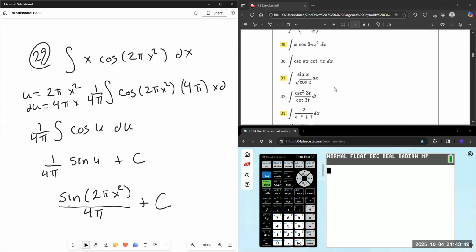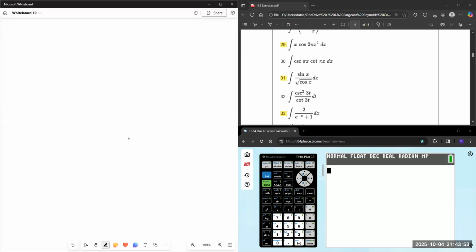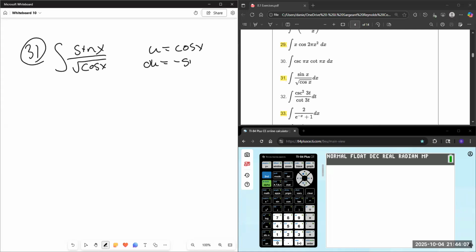Now let's look at 31. It's the integral of sine of x over square root of cosine of x. U is going to be cosine of x. Du is a negative sine of x dx. A negative and a negative.